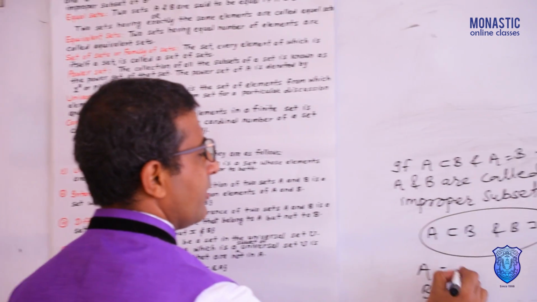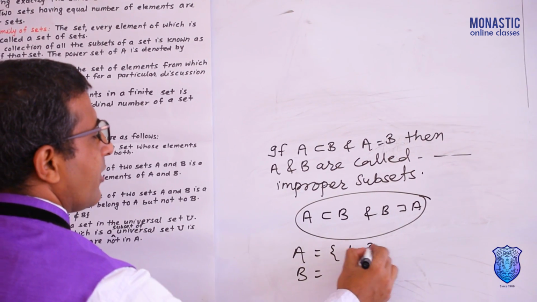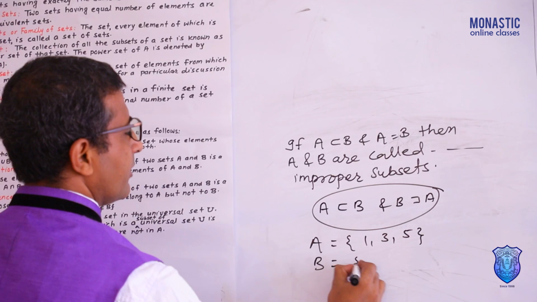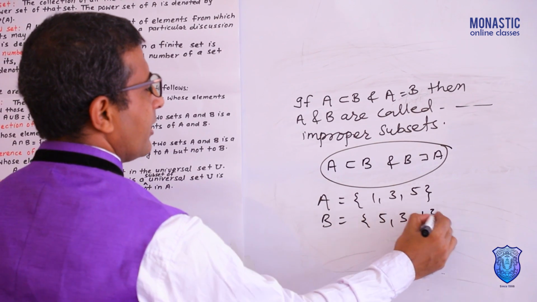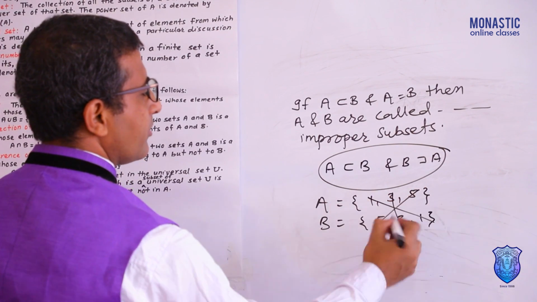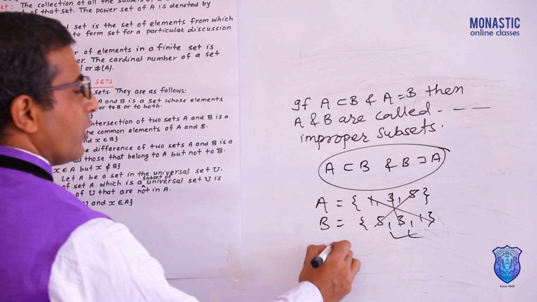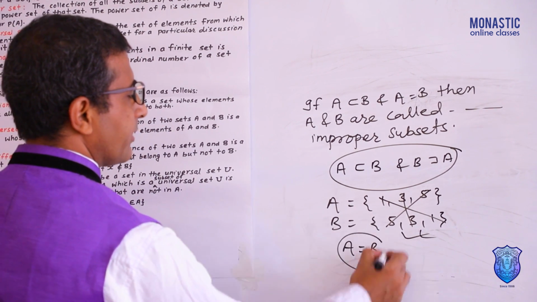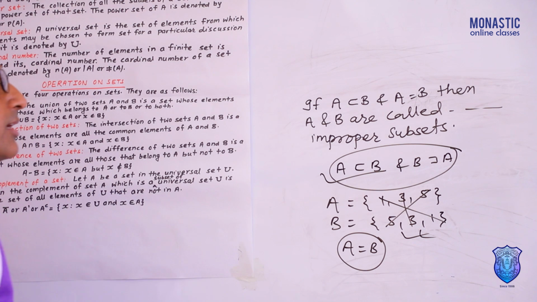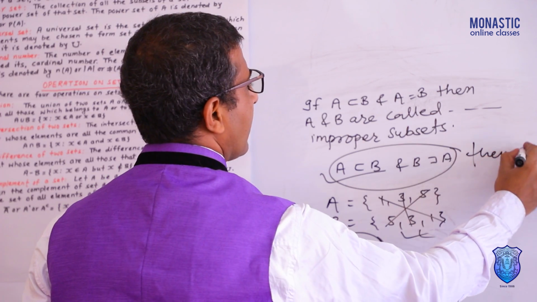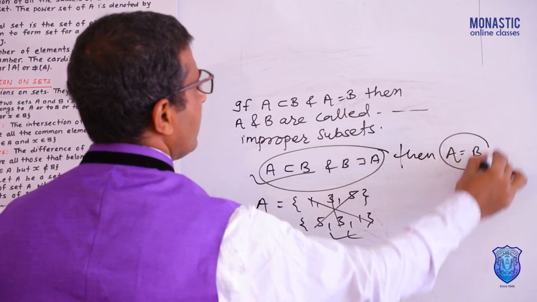Like if A and B have the same elements, here you can see there are three elements and both are equal, so A and B are equal sets. In another way, you can say A is a subset of B and B is also a subset of A, then A and B are said to be equal sets.